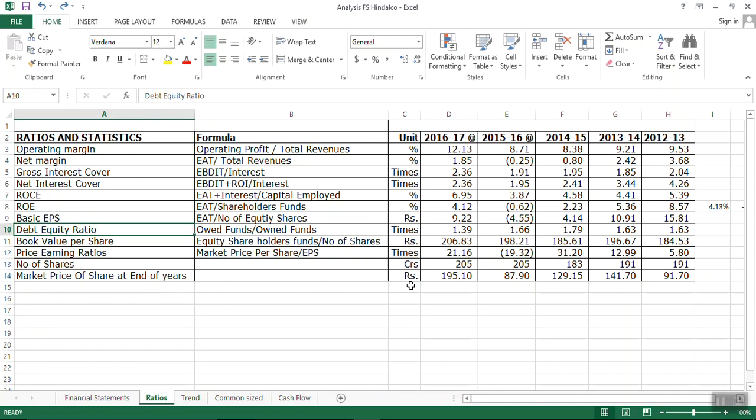Now, coming back to the financial world, the debt equity ratio. The formula represents something like this: the owed funds divided by the owned funds. In another way, debt divided by equity. So what is debt? The entire owed funds. Let's try to calculate it.